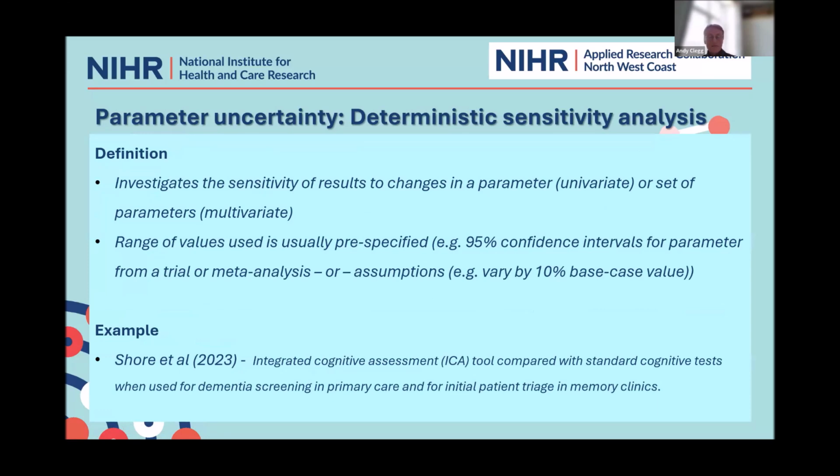So effectively, deterministic sensitivity analysis is looking at the analysis you've undertaken and changing variables within it to see what the consequences are on the outcome associated with the cost per quality that comes out of it.